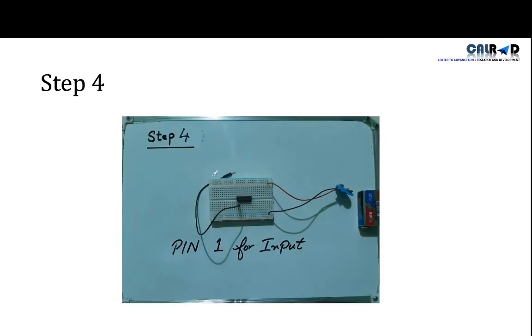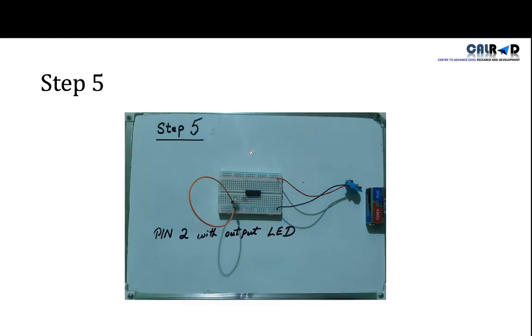Now step 4: because pin 1 is used for input, we will connect this wire and we will leave this wire or jumper cable here, because we will give our input from this cable. Step 5 is we connect the resistor with pin 2. The resistor is connected with the LED and the LED is connected with the negative terminal.